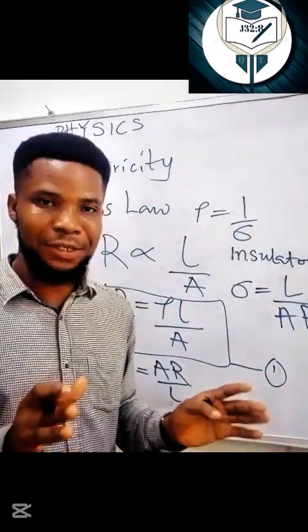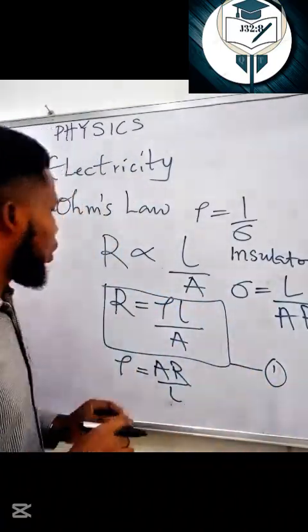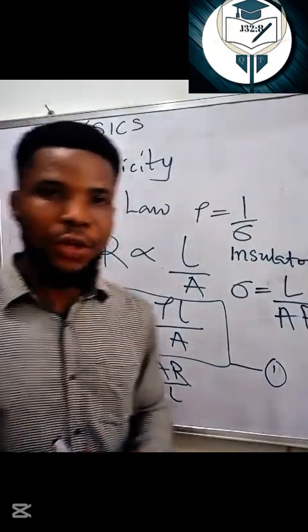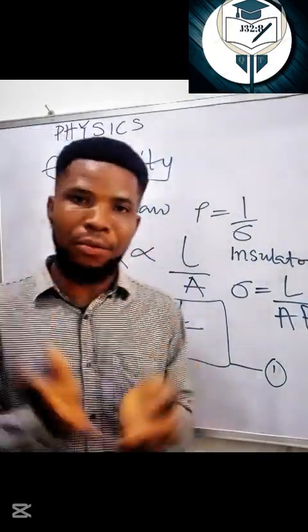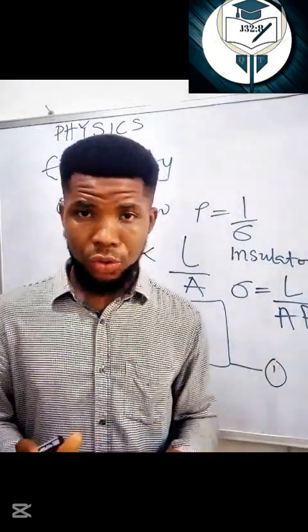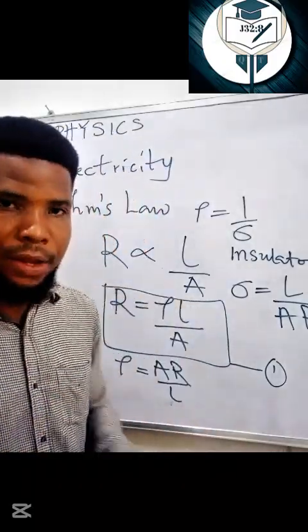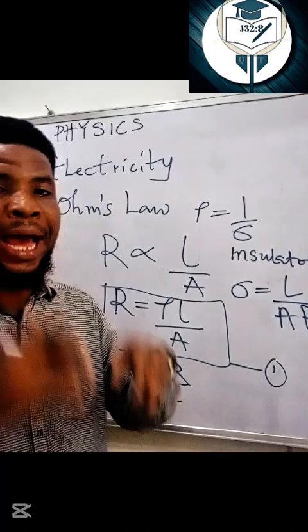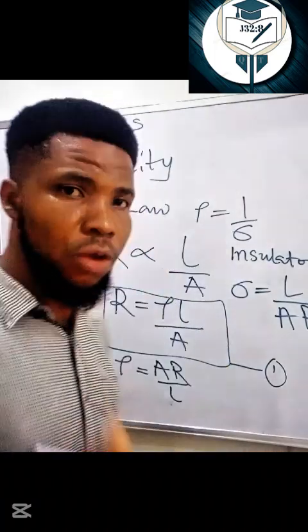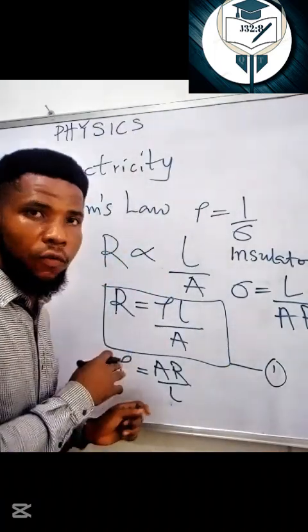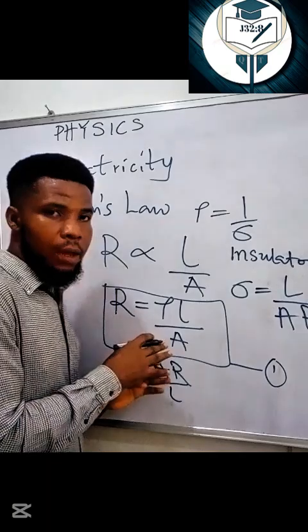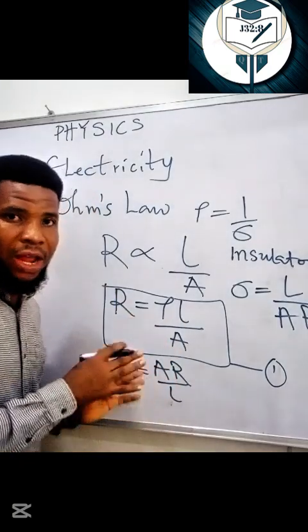They are vice versa. Alright? So how does cross-sectional area affect it? In cross-sectional area, the more the area, the more the amount of current that will flow. So the more the area, the lower the resistance or the higher the conductivity. I think you understand some of the things that I've shared so far concerning this aspect of electricity.